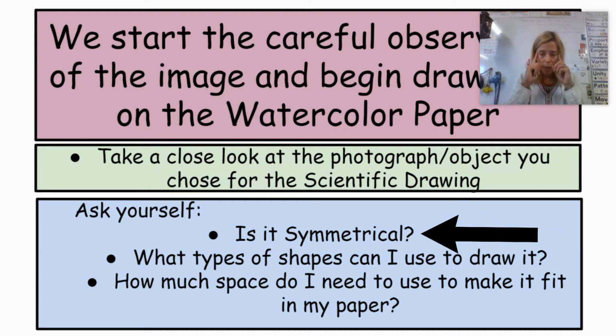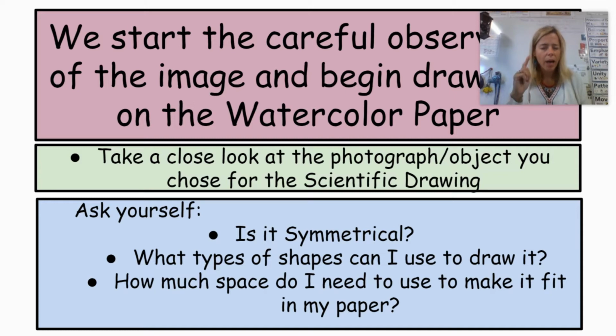So, number one thing, look at your object, look at your photograph, and see if it is symmetrical. I would recommend that if you can choose to make it symmetrical, I would choose to make it symmetrical. It will make your brain super happy, okay? If not, it's okay. Plenty of scientific drawings are not symmetrical.